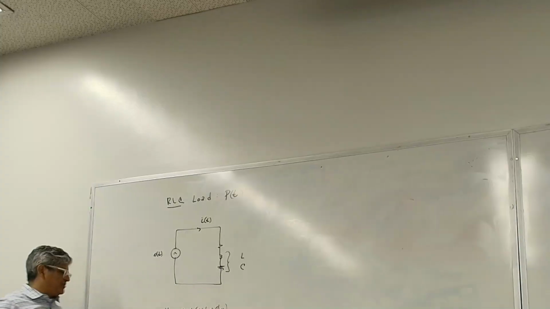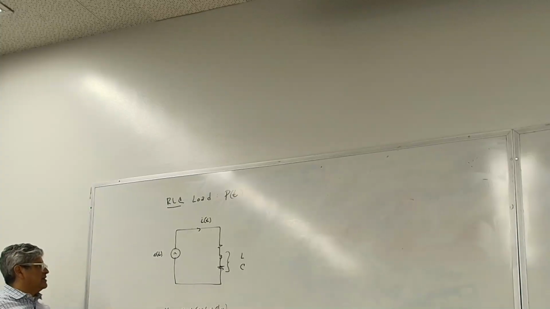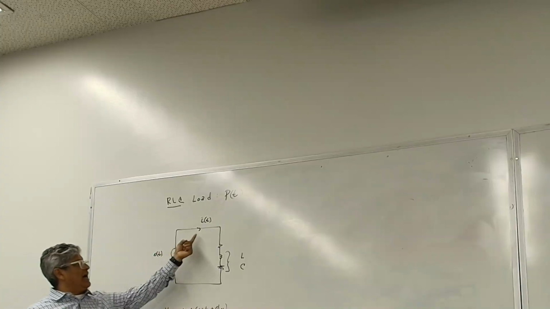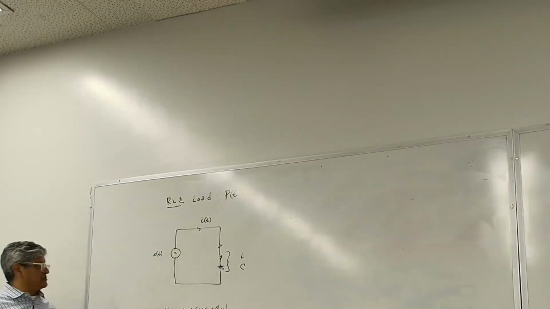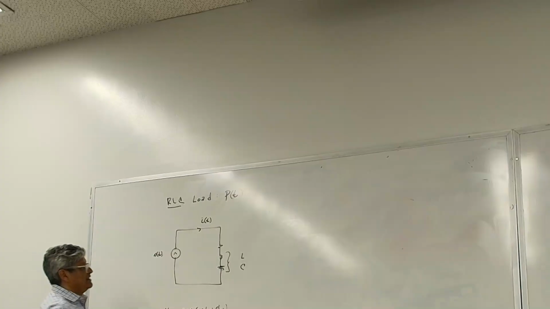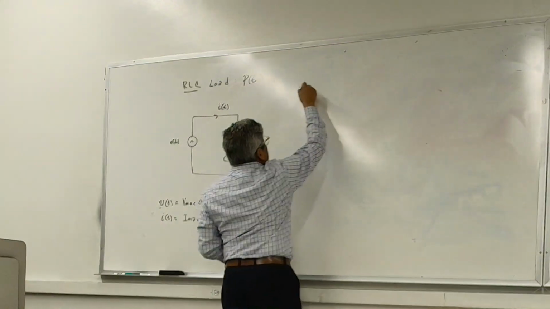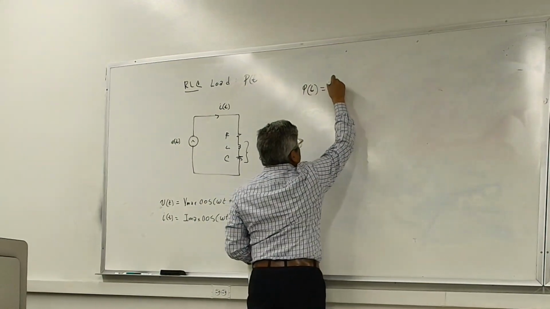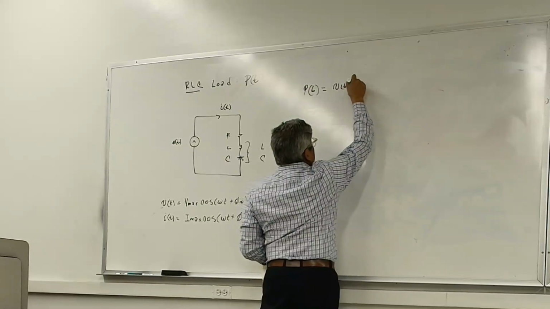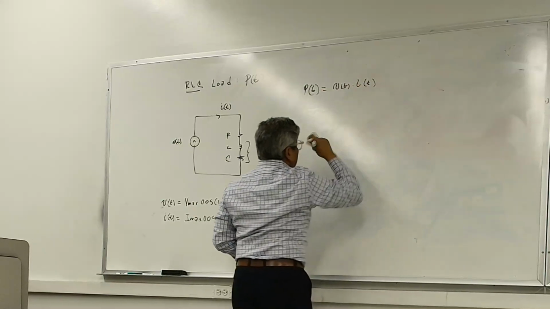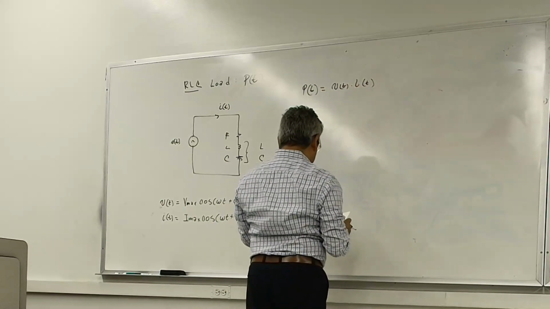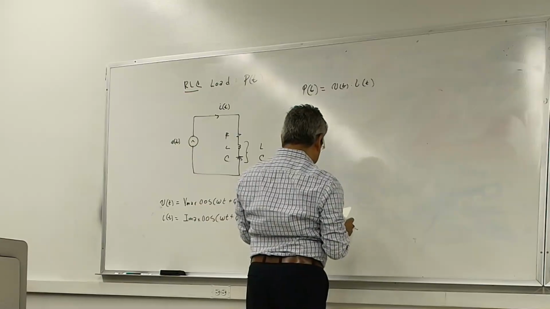Okay, so those are the general equations for the source, the current being supplied by the source to the load, right? And again, this is RLC load. p of t is equal to v of t times i of t, so it's just the product of the voltage and current.